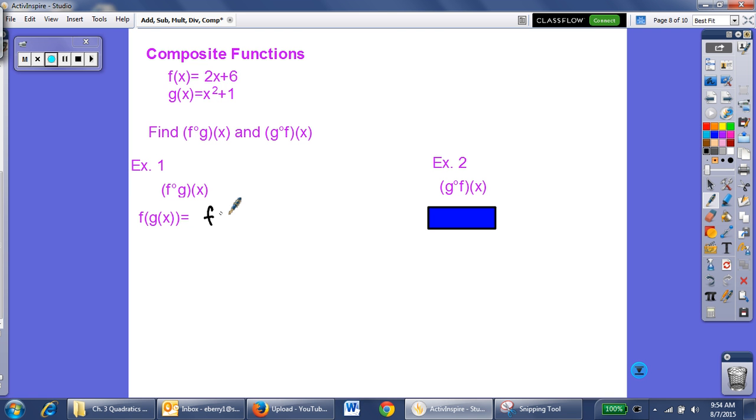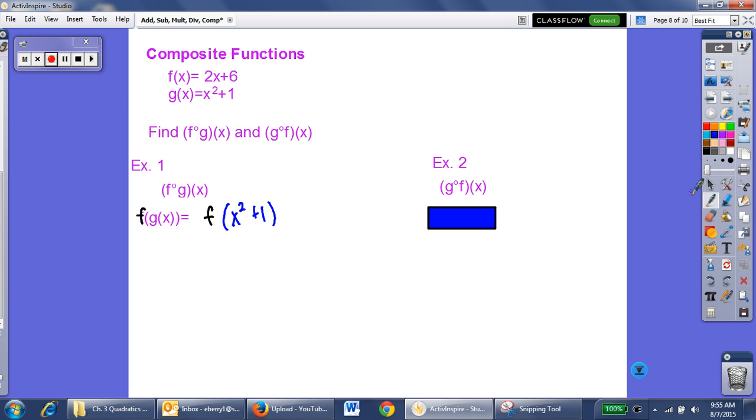So I can rewrite f because it says f right here. Now instead of g of x, I go up and I look to see what g of x equals, which is x squared plus 1. So let me fill that in here as x squared plus 1. So all I did was replace g of x with what it equals here.